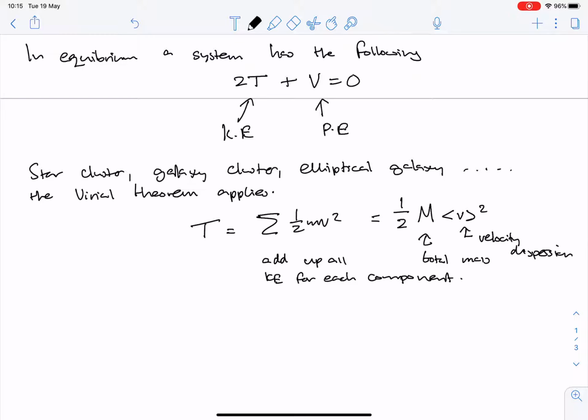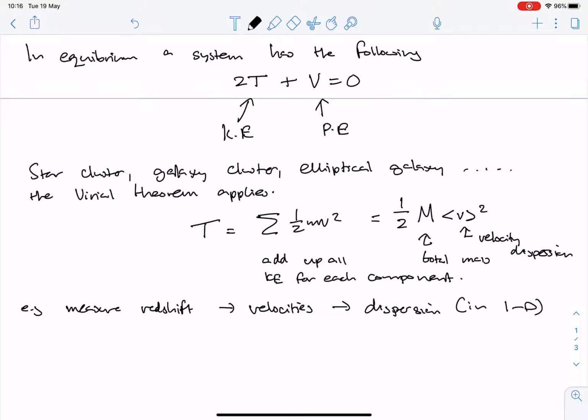So if I use a spectrograph, for example, to measure redshifts, and get velocities, then I can get the dispersion. And I'll just note, if I do that, I get it in one dimension, so I need to multiply it by 3 if I really care about all 3 dimensions, but I get it in 1.